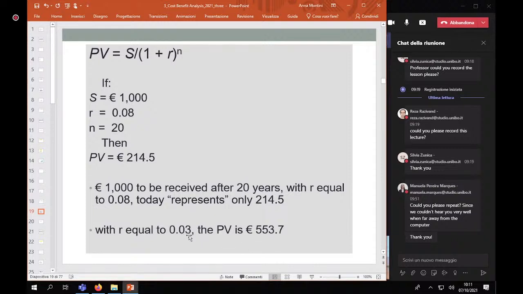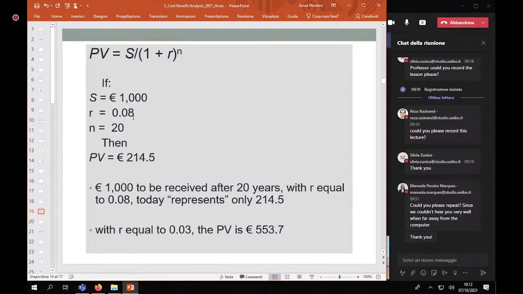With a discount rate equal to 3%, my present value is not as low as I have if I consider a discount rate equal to 8. Okay? So the choice of the discount rate is very important to avoid, as much as possible, the tyranny of discounting. It is very important to calculate a proper and optimal present value.